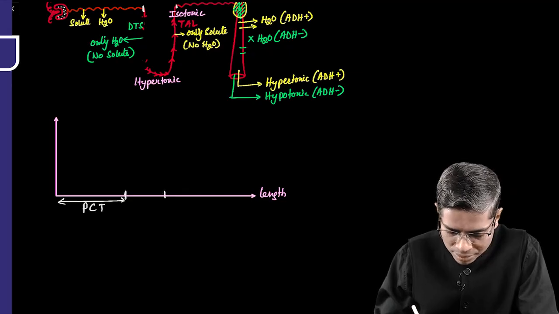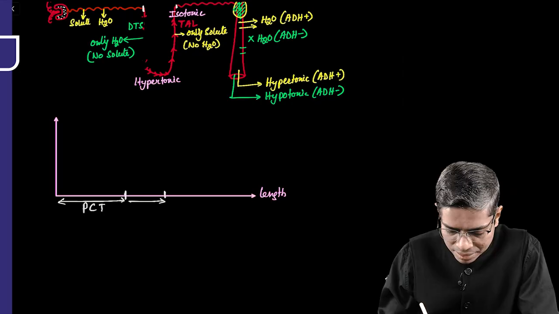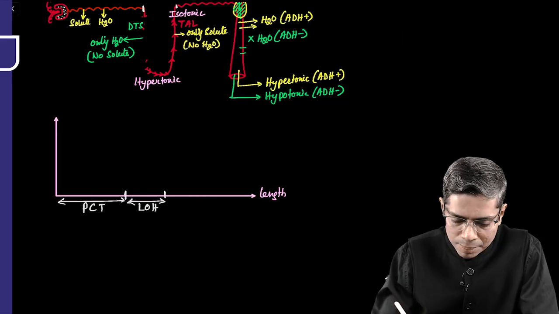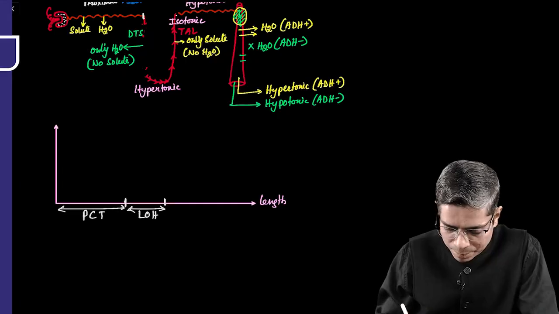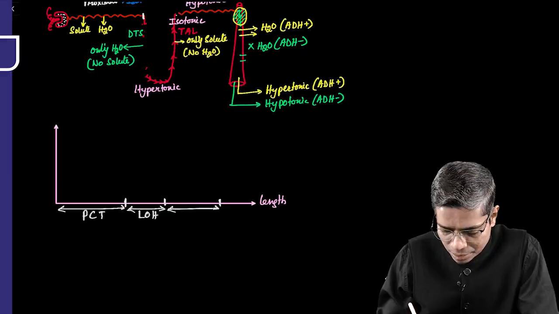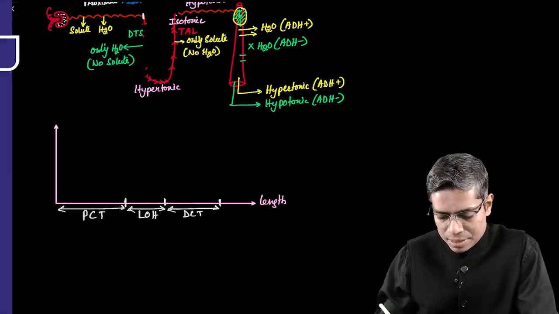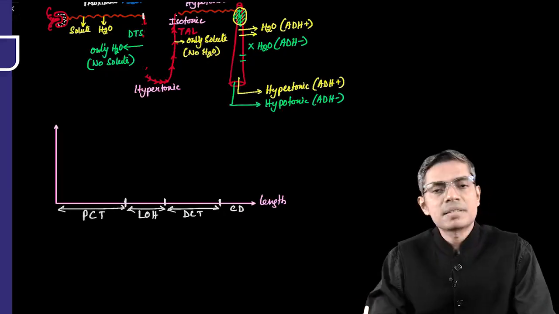So in my graph, this is the length of the loop of Henle. After that, you can easily identify the next portion, which is the distal tubule. In the x-axis, I am marking from here up to this level. This is the length of the DCT or distal tubule, and then the remaining part is the collecting duct.